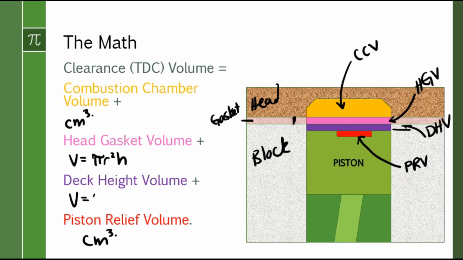It's another cylinder shape, and it represents when the piston is at top dead center, if there's a little bit of space still left between the top of the block or the deck and the top of the piston, it will be cylindrical. Okay, so this is just really a pain in the butt of calculating little things.